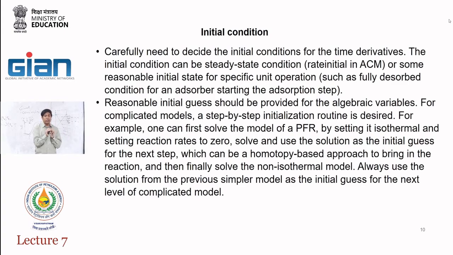Look at your equations and ask: I can create a good initial guess for these conditions, but for temperature I have no clue how it will be. Because they are coupled, I cannot solve them together, but I can do an isothermal model and then a non-isothermal model, and slowly I can create a good initial guess. This is something you as a user can come up with.